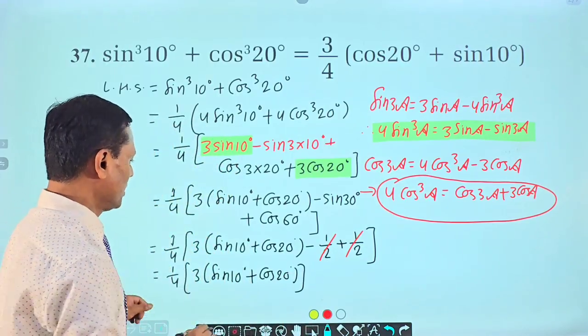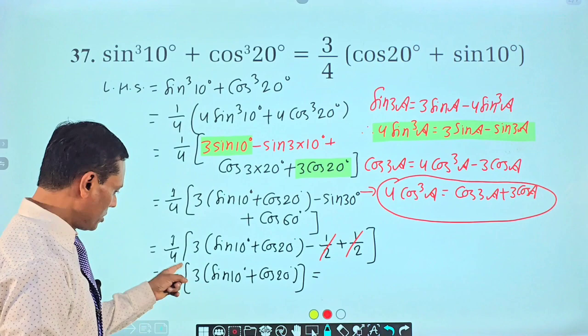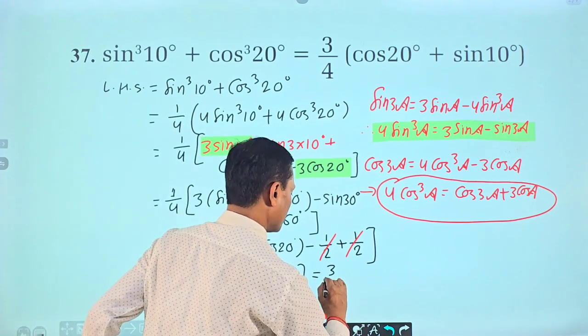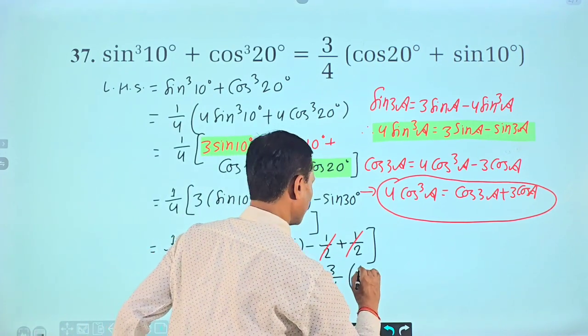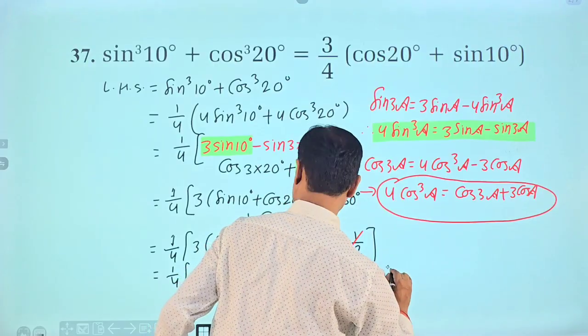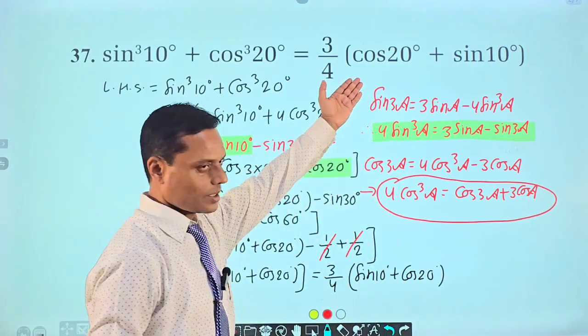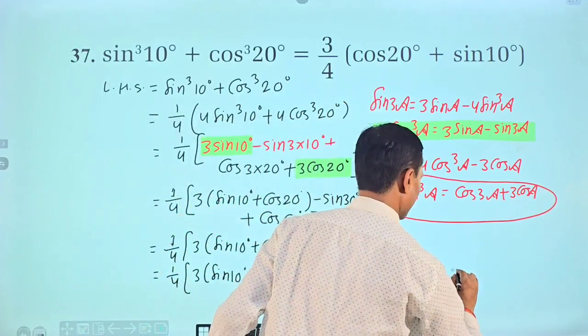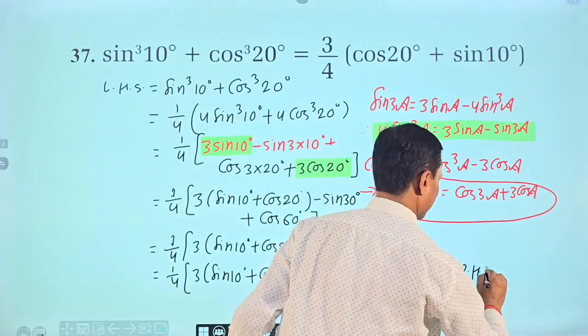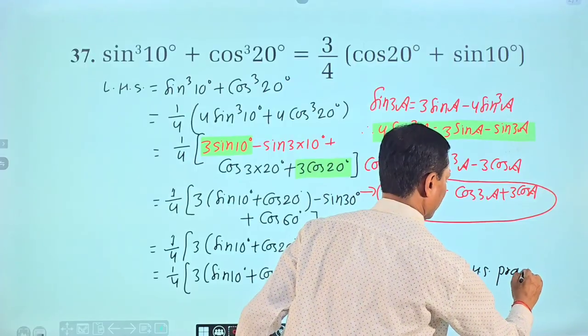So we can write at last 3 by 4 times sine 10 degree plus cos 20 degree, and it's our right hand side. So left hand side equals right hand side, and done.